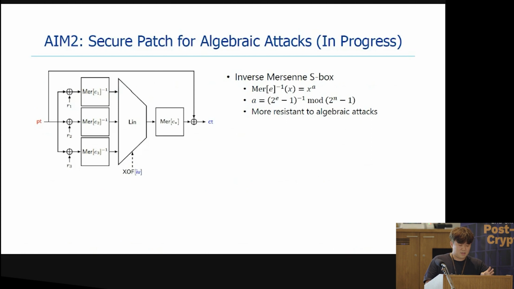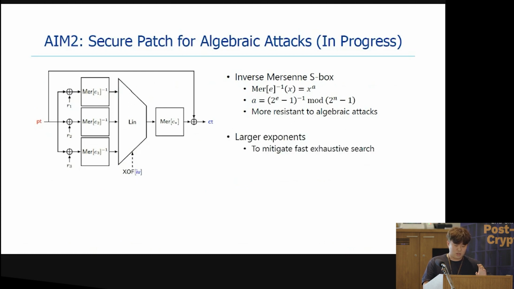To mitigate these problems, we introduce some mitigation work in progress called AIM2. We will use an inverse Mersenne S-box in the first round, the inverse function of the Mersenne S-box, and we found that it is more resistant to algebraic attacks.